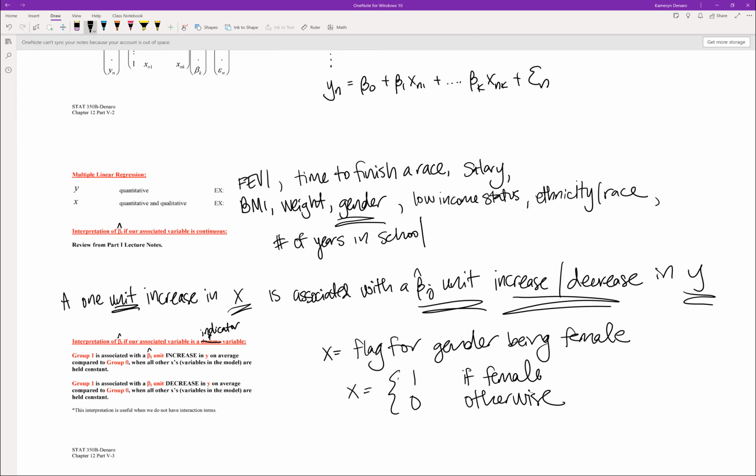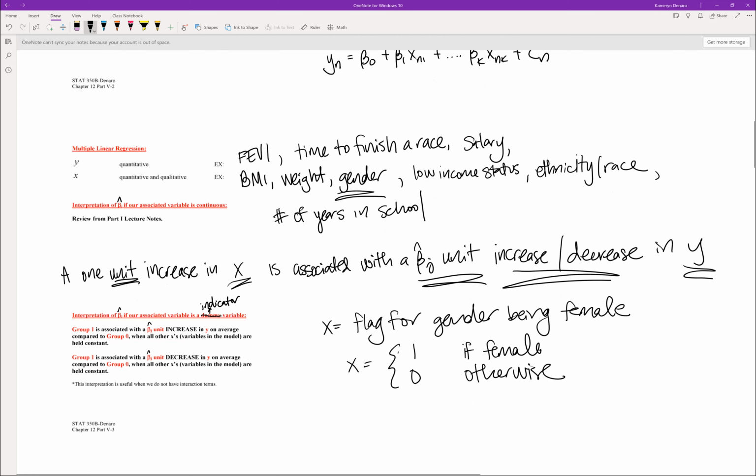That's if your beta hat j is positive. If your beta hat j is negative, you'd say group 1 is associated with a beta hat j unit decrease in y on average compared to group 0 when all other x's in the model are held constant. So this is fairly straightforward when we don't have interaction terms.